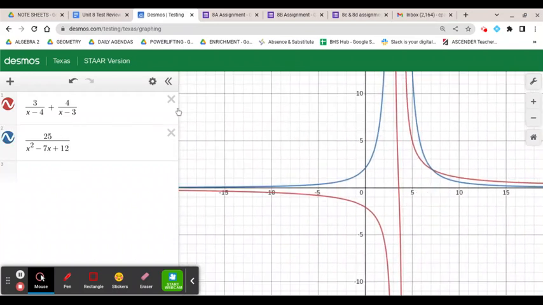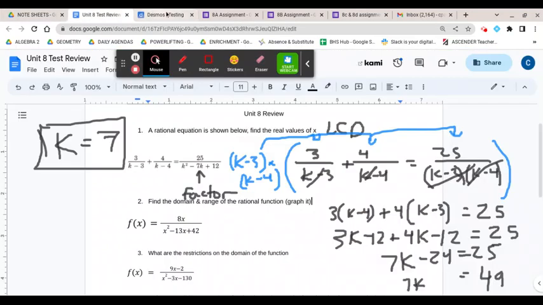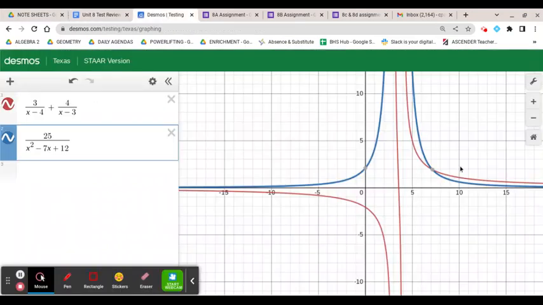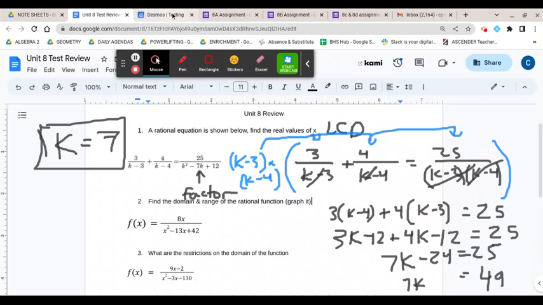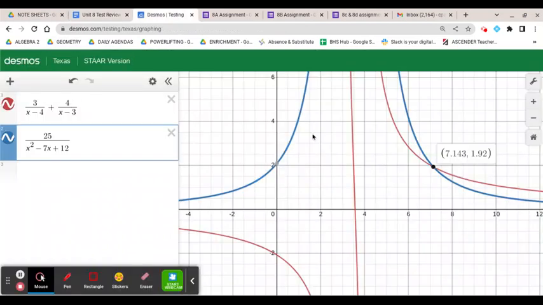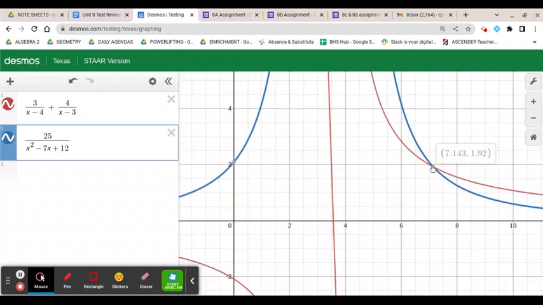We're going to find the x value where they meet. They're going to meet at 7. I don't know why that decimal is a little off there, but they're going to meet at 7.